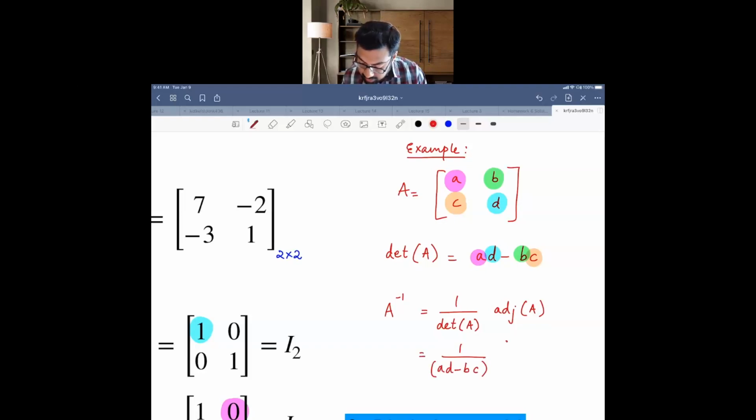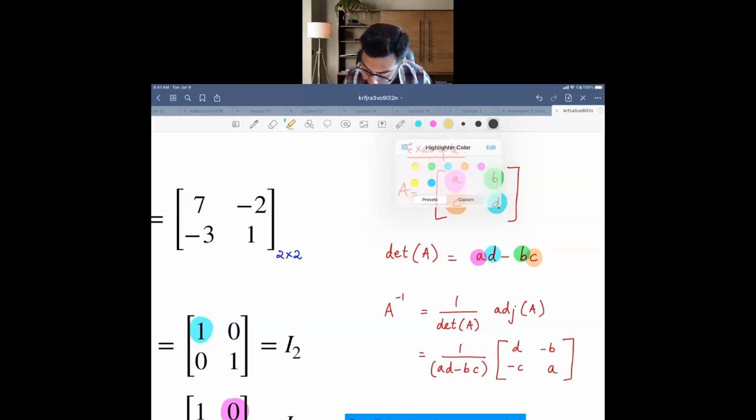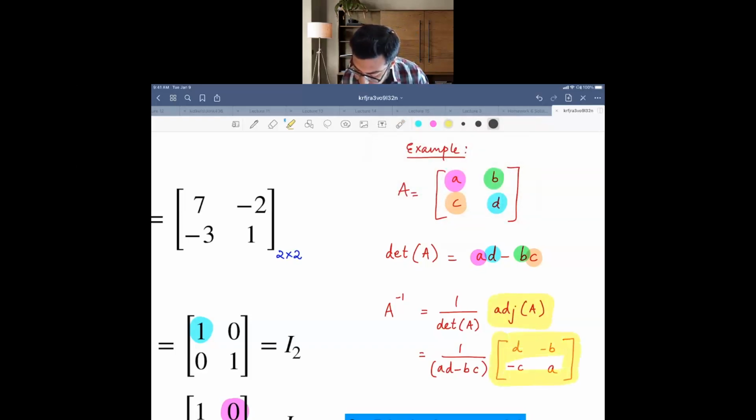And adjugate of A is simply switch A with D. So you have D here, A here for the diagonal elements. And then you multiply with a -1 for the other two. Negative B, negative C. So that would be the adjugate of A. Let me just highlight this. The adjugate of A over here is that. And then the determinant of A we computed to be this, which we substituted over here.